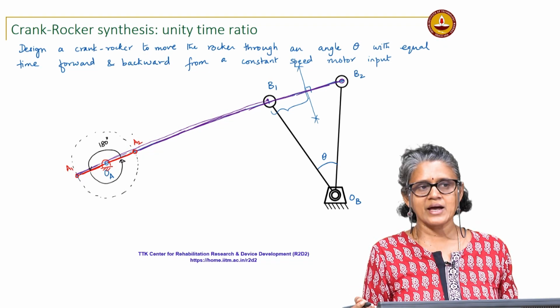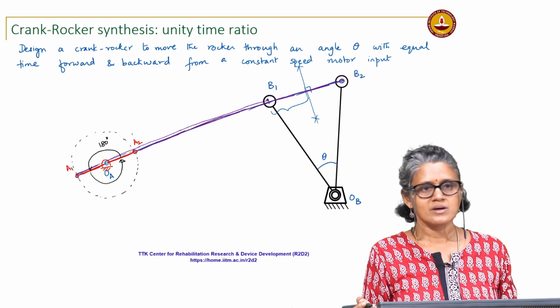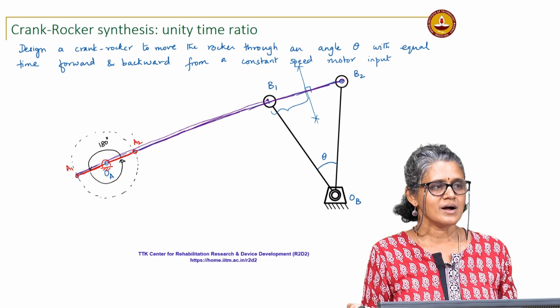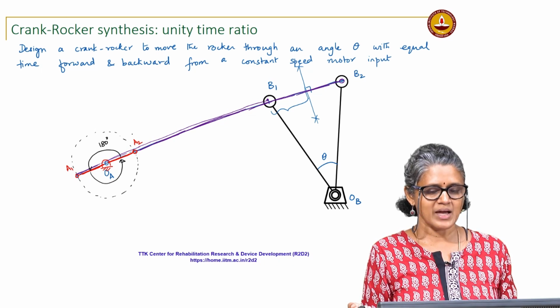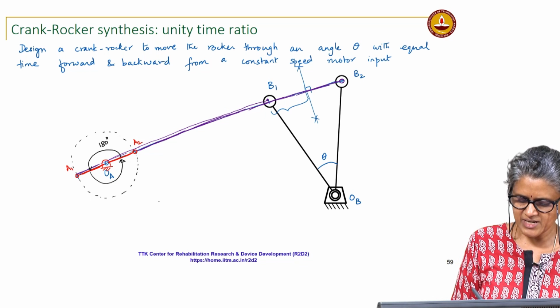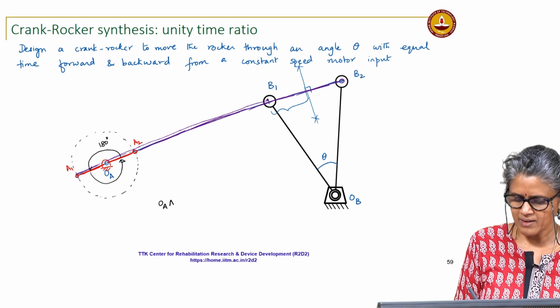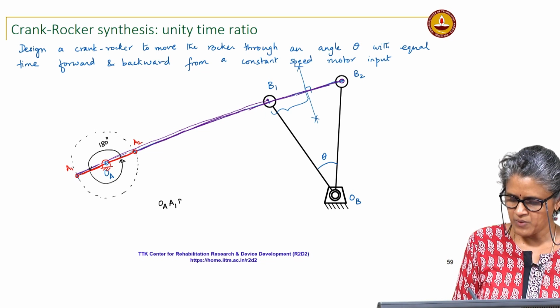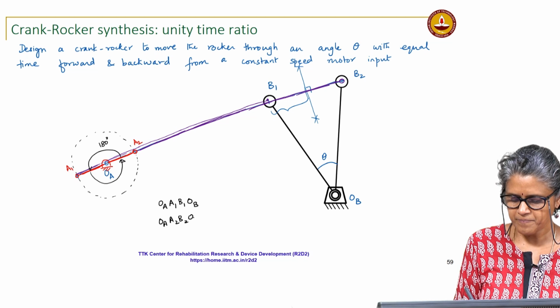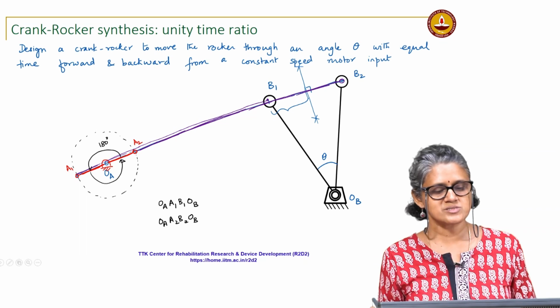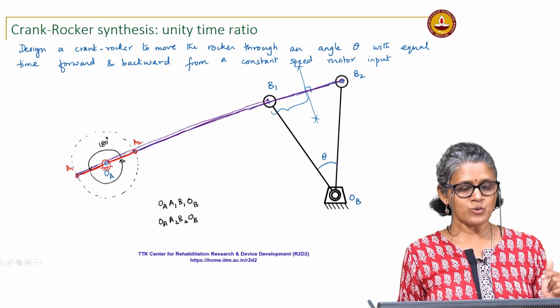How do I know it is a crank rocker? Right now I do not know. I have to check. What do I have to check? So my linkage here is OA A1 B1 OB in one position, or OA A2 B2 OB. Those are the two extreme positions. AB will be equal. Why is AB equal?